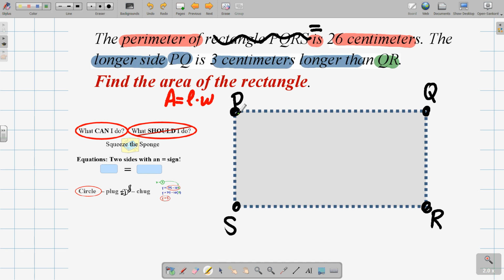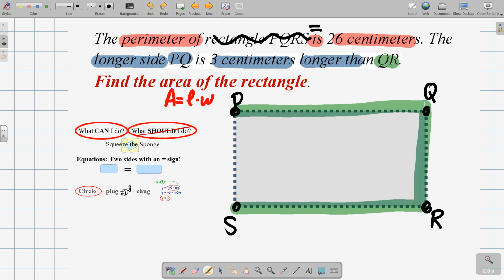Now, physically trace PQRS. Put a little arrow there. I'd like you to write this down. Perimeter is 26 centimeters. Counted for this.